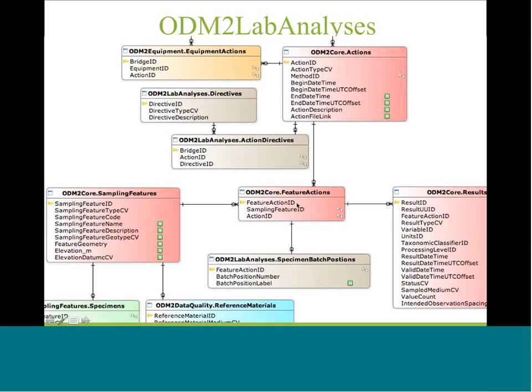Also, you can add a tiny bit more information to this linking table that links sampling features to results. That makes a lot of lab analyses really quite streamlined, and that is to keep track of the position within a batch of specimens that you're either preparing or analyzing in the whole system.